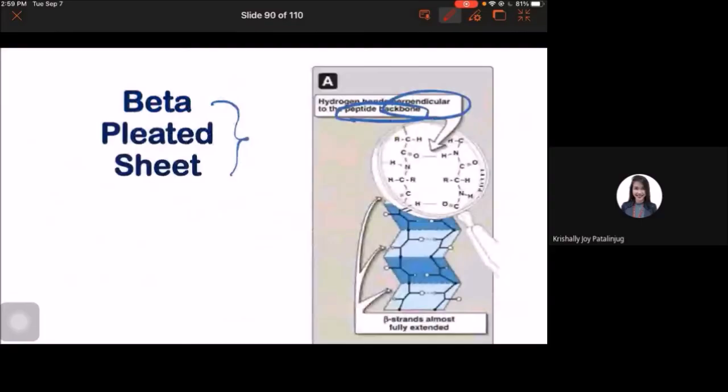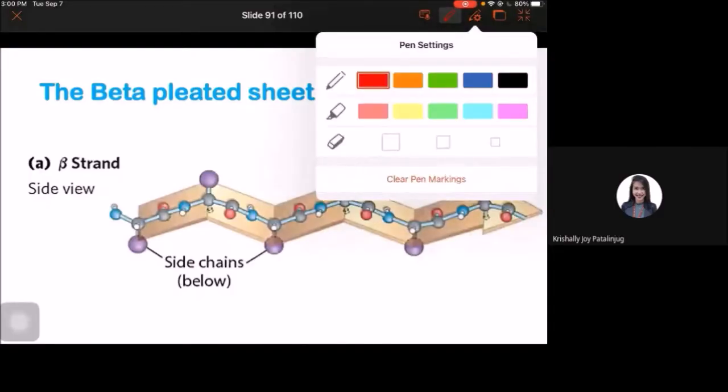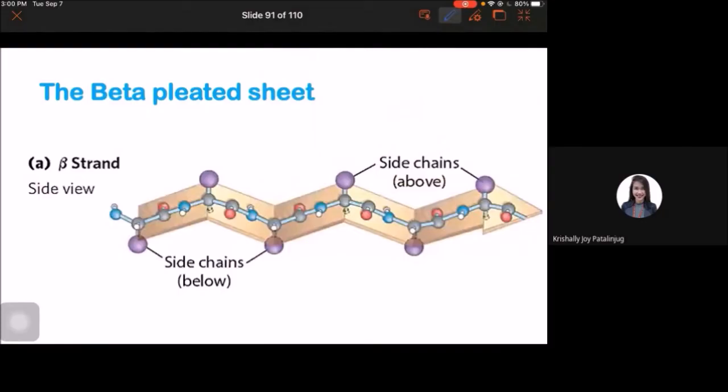Okay? Another figure that explains the structure of beta-pleated sheet. We can see here the polypeptide backbone, and similar siya sa alpha helix, no? Similar siya sa alpha helix na ang R group ay exterior. Di ba sa alpha helix, yung R group nasa exterior part din.